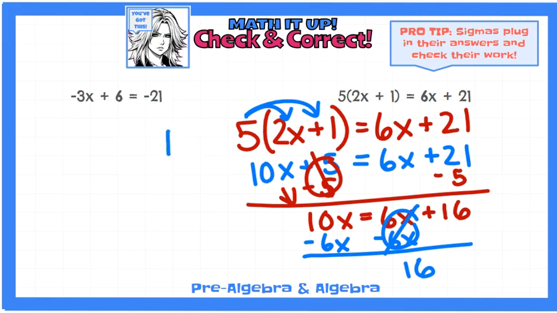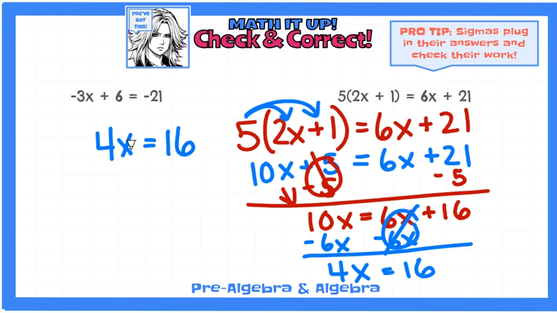I'm going to move this up here to continue. And then on this side we have 10x minus 6x, which is going to give us 4x. We're getting there. Okay, so I have all my x's on one side, but that x isn't by itself yet. It's being multiplied by a 4. We need it to be multiplied by a 1.